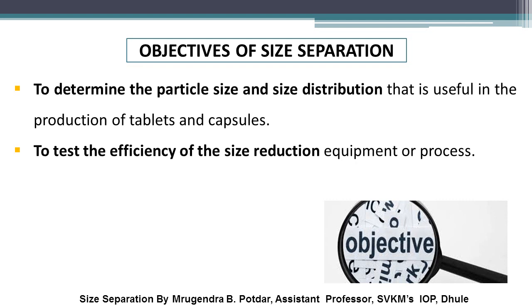As we know, there are different mills used for size reduction like hammer mill, ball mill, fluid energy mill, etc. As per that, we choose the efficiency of size reduction equipment as per the sizes of particles after size reduction, because most of the equipment is connected with different classifiers like bag filter or cyclone separator, etc. So we know which one is more efficient for size reduction purposes.